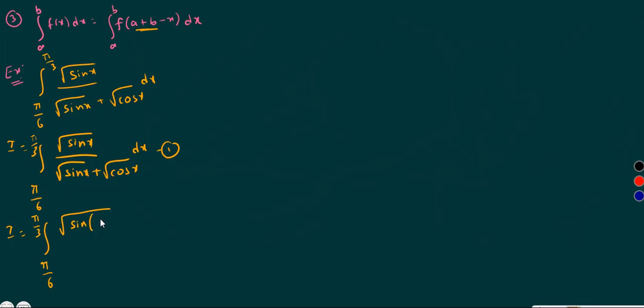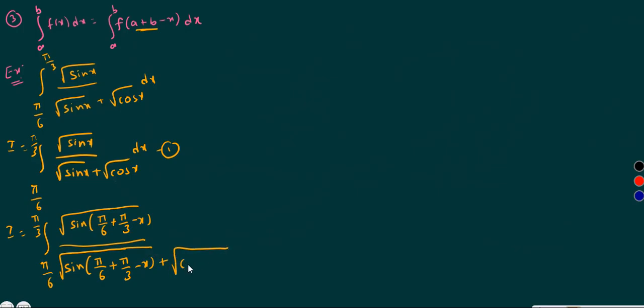Here a means pi by 6, so pi by 6 plus pi by 3 minus x, by square root of sine of pi by 6 plus pi by 3 minus x plus square root of cos of pi by 6 plus pi by 3 minus x dx.